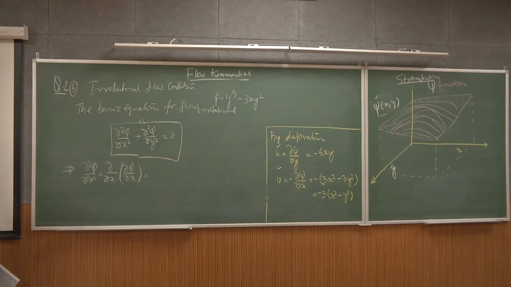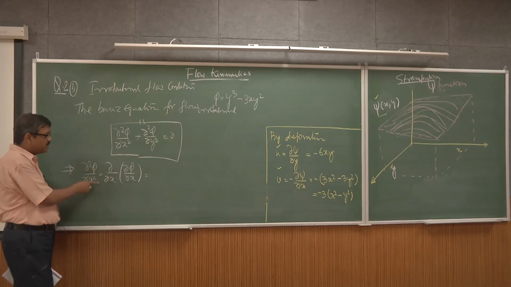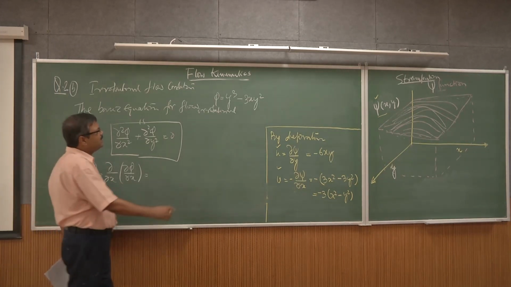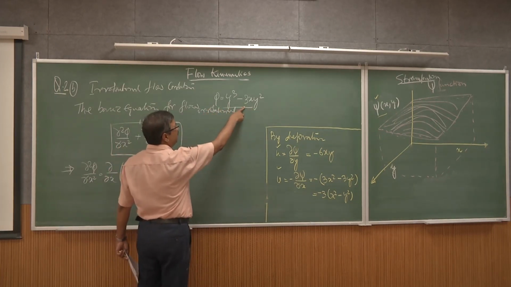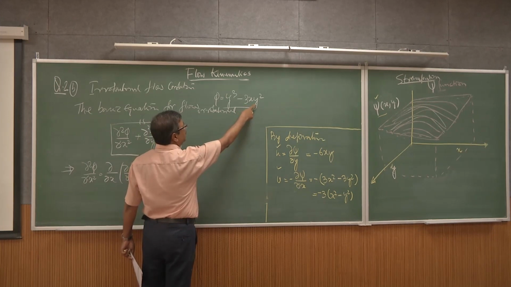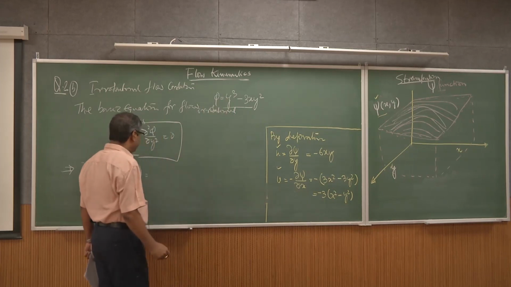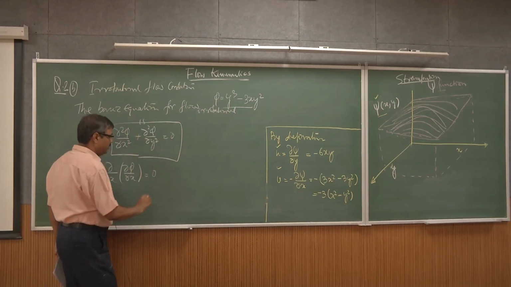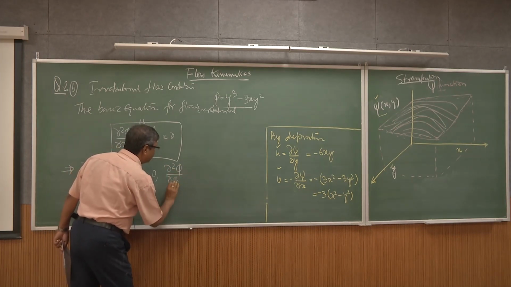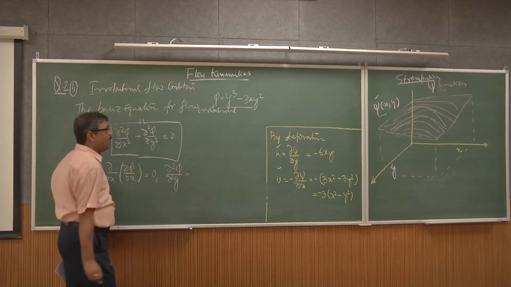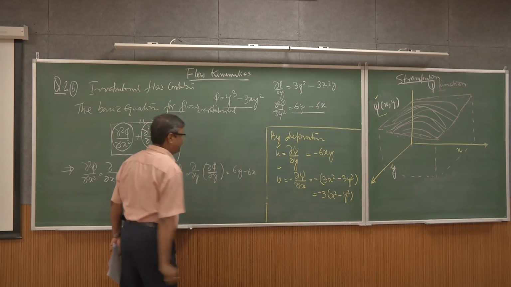So, looking at the second partial derivative of phi with respect to x, we can split it like this, and looking at these terms, the first partial derivative will give us minus 3y squared. And the second one, which does not have a function of x, will definitely give us the 0 value. The same way, if I compute the partial derivative with respect to y, that will give me 6y minus 6x.